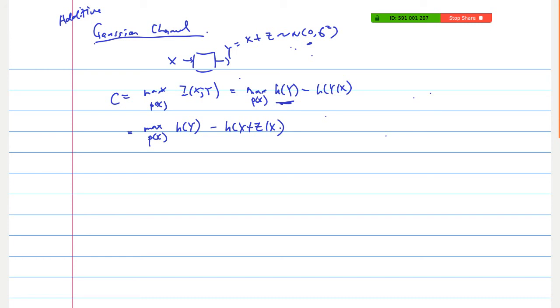Now I would like to argue that h(x plus c given x) is equal to h(c given x). Do you agree? That is because, given x, we know x already, so we can subtract it back.